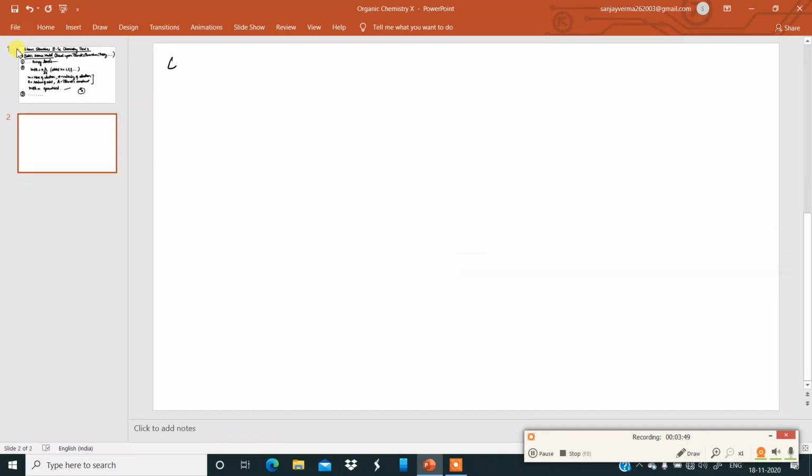Number 4. Postulate number 4 of the Bohr's atomic model. The emission or absorption of energy in the form of radiation can only take place when an electron jumps from one stationary orbit. So, if there is a nucleus, around the nucleus there are shells or the orbits.